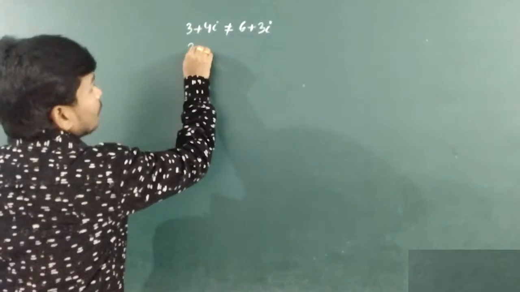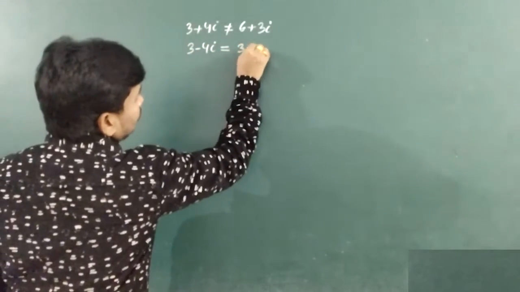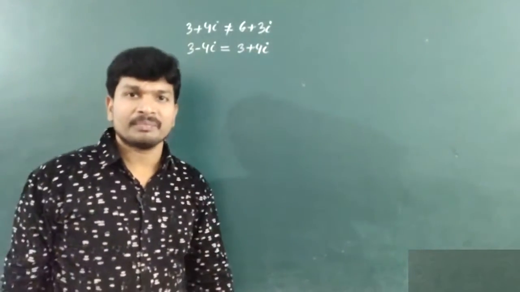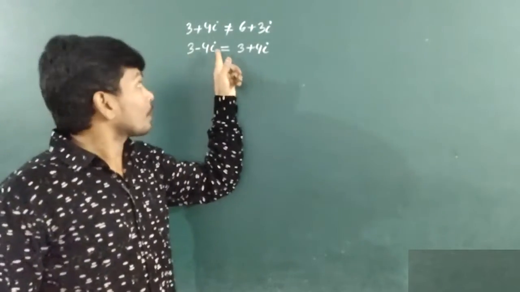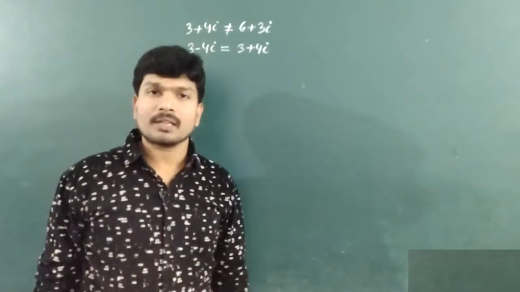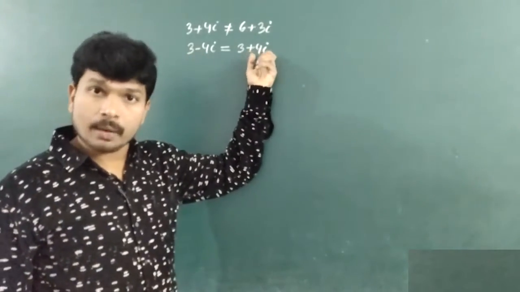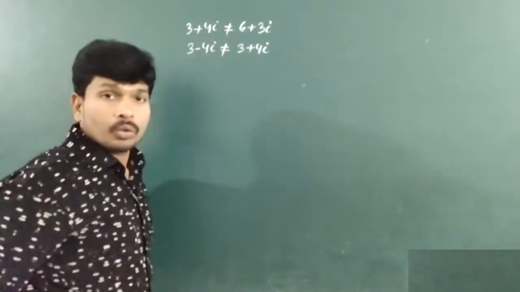Now 3 minus 4i is equal to 3 plus 4i. Are these two complex numbers equal? No, because real parts are same but imaginary parts are not same. Here minus 4, RHS side is plus 4. So that's why these two complex numbers are also not equal.